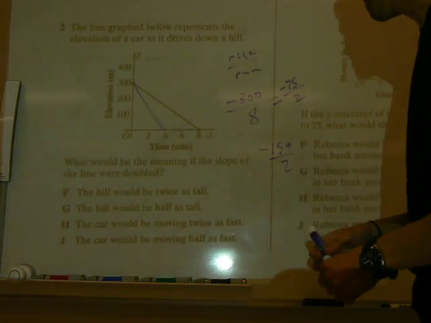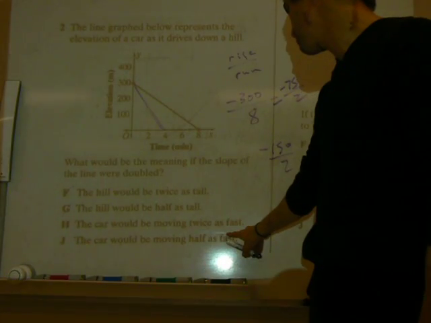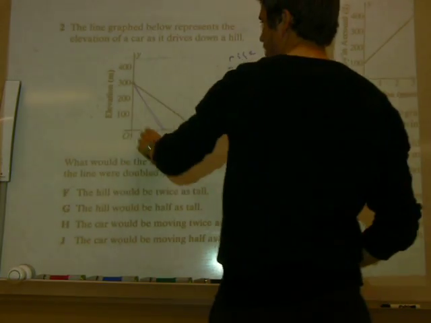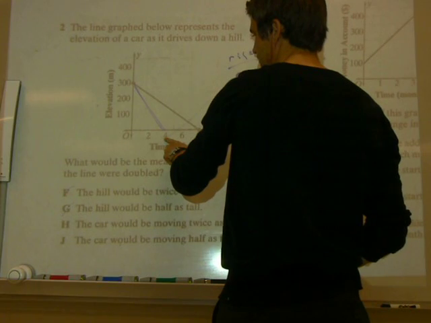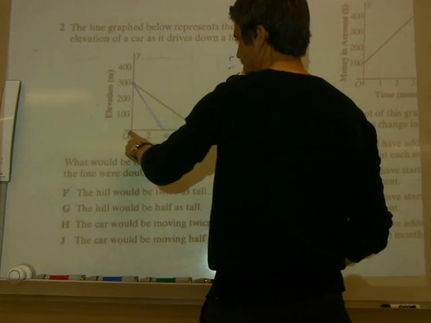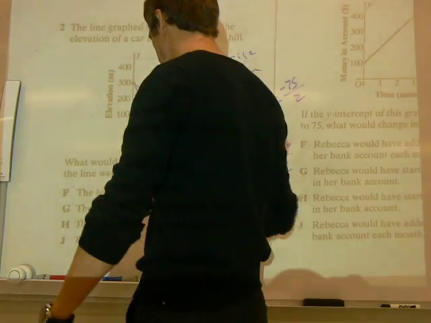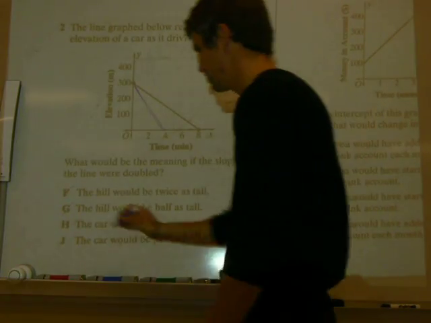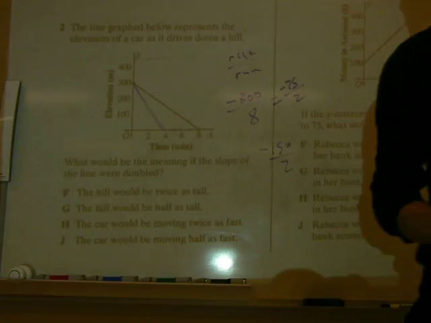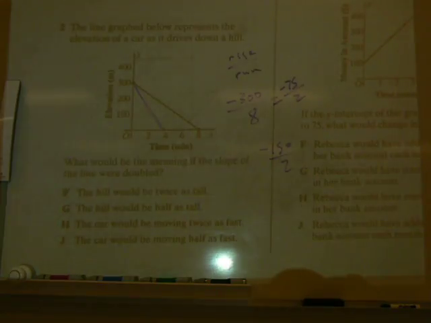Alright, so what's going to happen? The car will be moving twice as fast? Yeah, because now it travels 300 meters in 4 minutes. Okay, you drop the entire 300 meters in 4 minutes. So the correct answer would be H. The car would be moving twice as fast. Answer choice H. Alright, let's do these real quick.